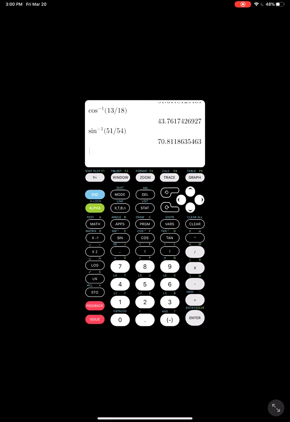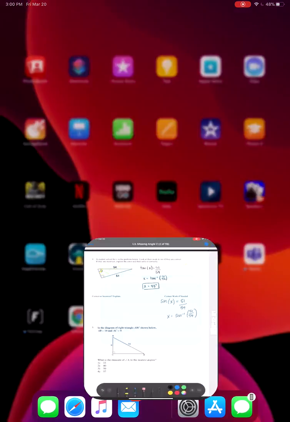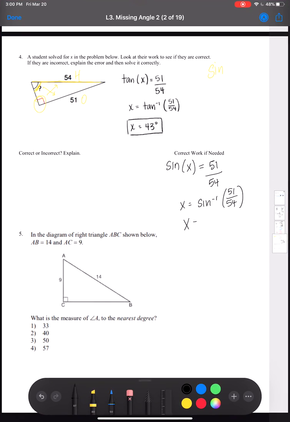And that's 70.81 degrees. Okay. Now you can see I'm still rounding to the hundredth. They rounded to the nearest whole number. If we were to do that, we would have 71 degrees. So it doesn't specify, so that's okay.